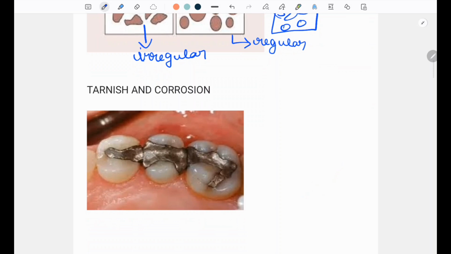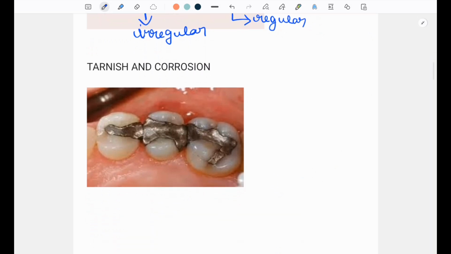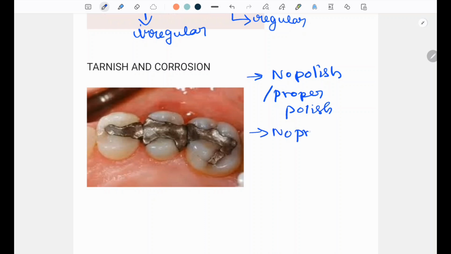Usually we encounter tarnish and corrosion whenever there is a faulty restoration, like if there is no proper polish and no proper finish, we get this type of corrosion.